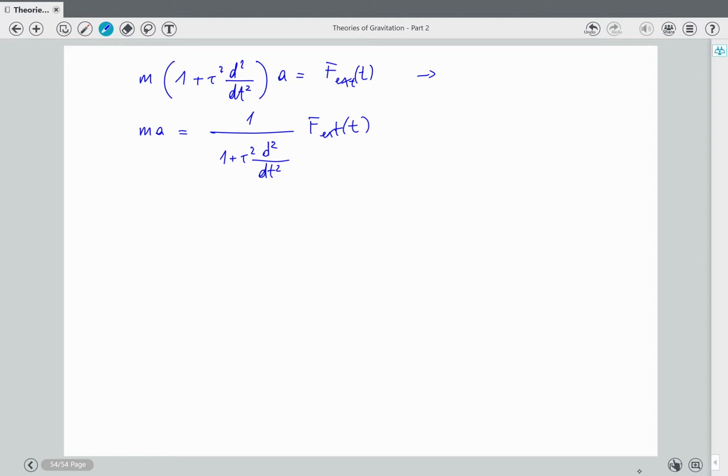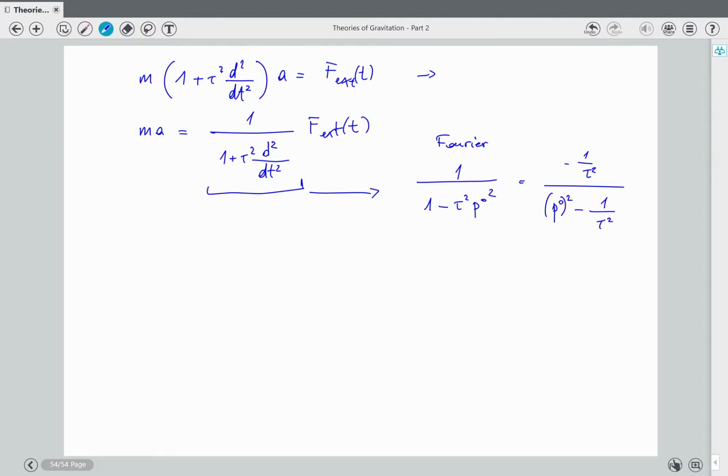You can ask yourself, what do you do to invert it? That is 1 minus tau squared p0 squared. We just have the energy here because we only have time. And that's precisely, if you want to multiply by 1 divided by tau squared, so you see it in the other form, p0 squared minus 1 divided by tau squared.